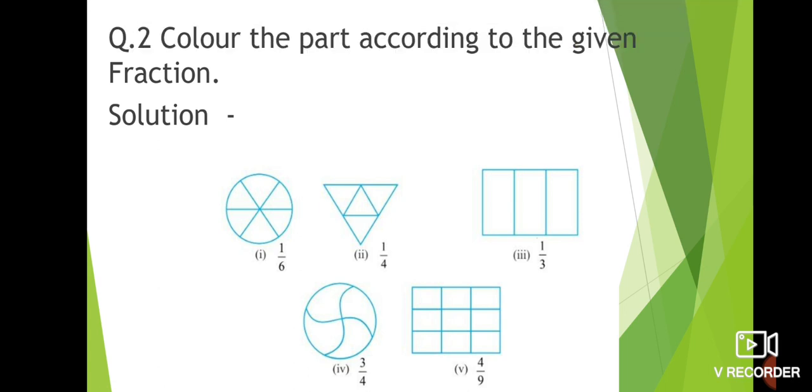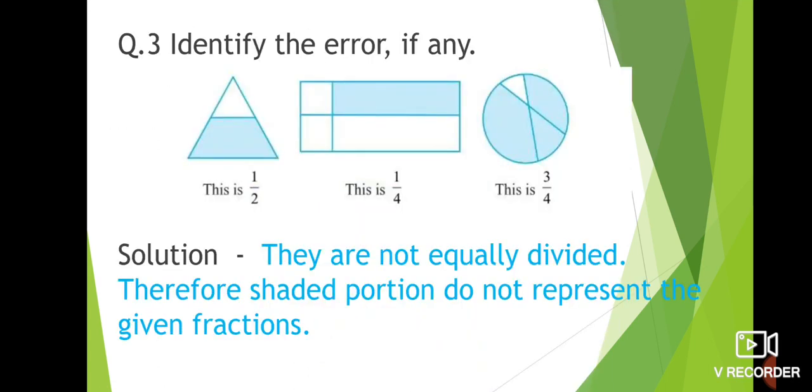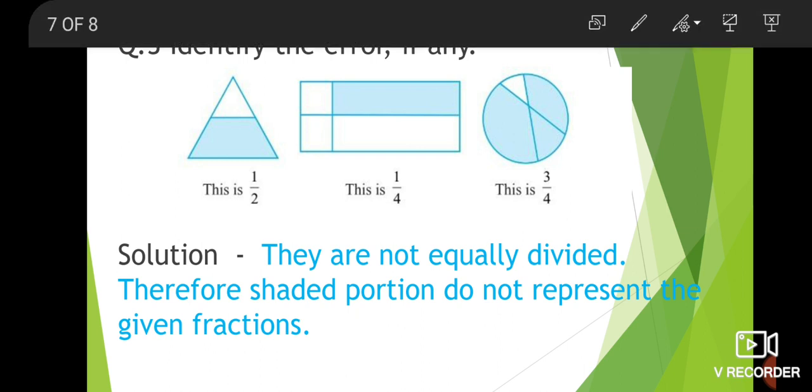Now question number 3. In question number 3 we have to identify the error, if any. You can see this figure. In this figure you can see that these parts are not equally divided. If these parts are not equally divided, then how can we write the fraction?